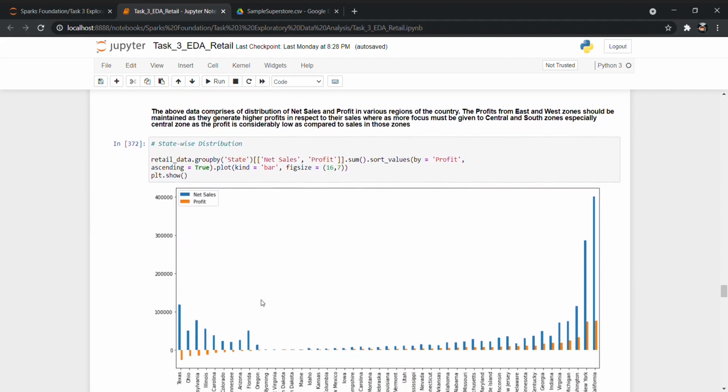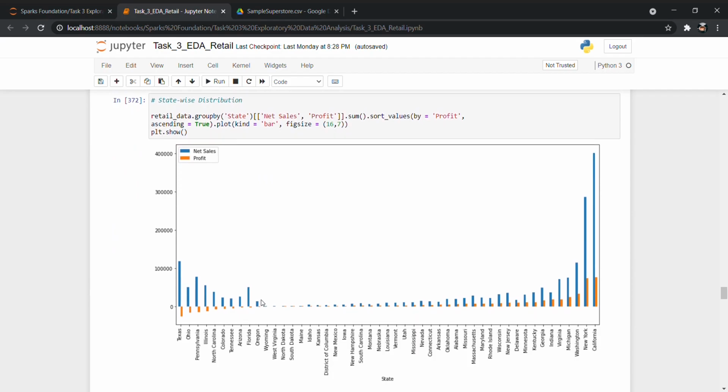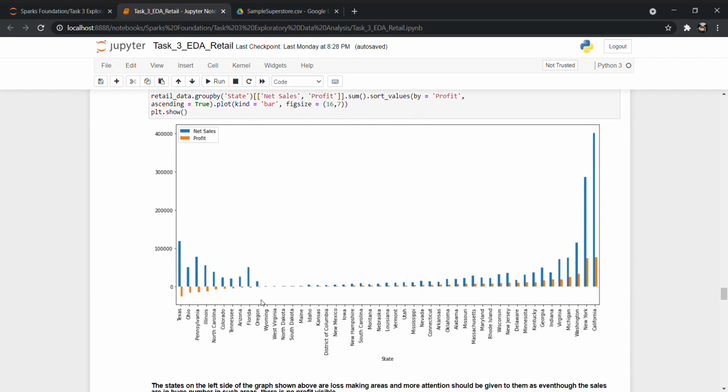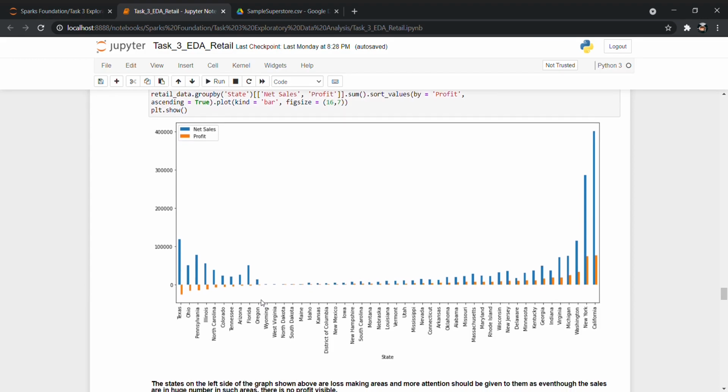Coming to the state-wise distribution, I have plotted a bar plot. On the left side of this plot you can see the non-profit making or loss making areas, whereas on the right hand side you can see the profit making areas.